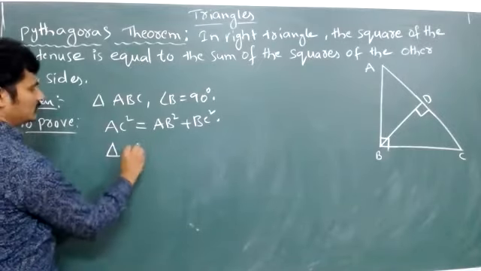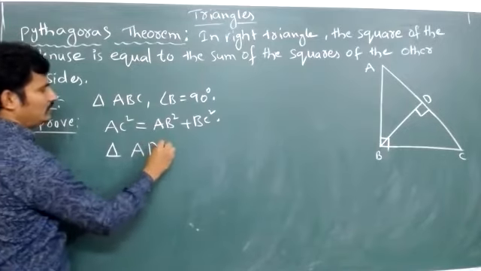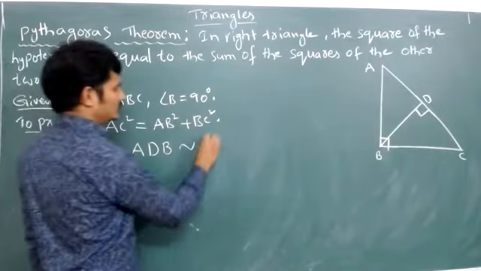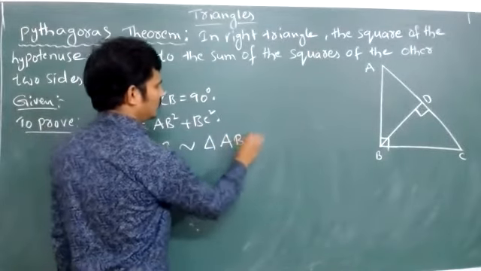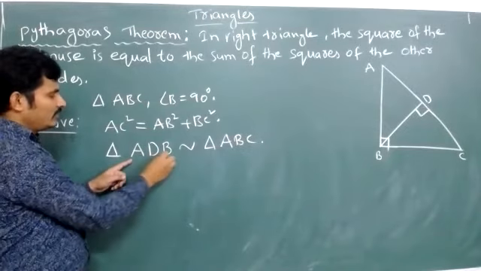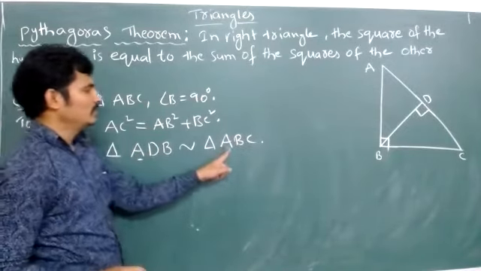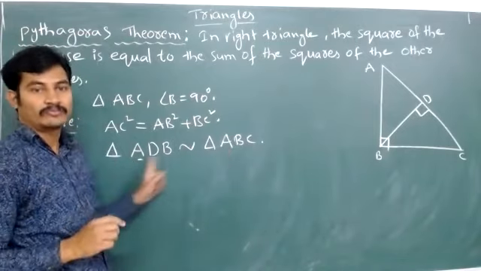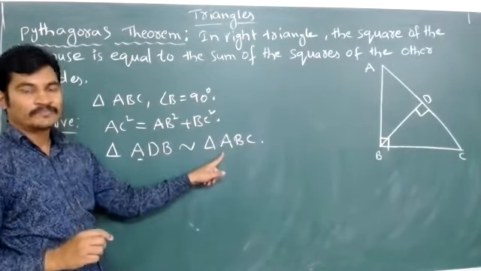Let us write that. Triangle ADB is similar to triangle ABC because in triangle ADB, angle A is equal to angle A in triangle ABC, which is the common angle for both the triangles.